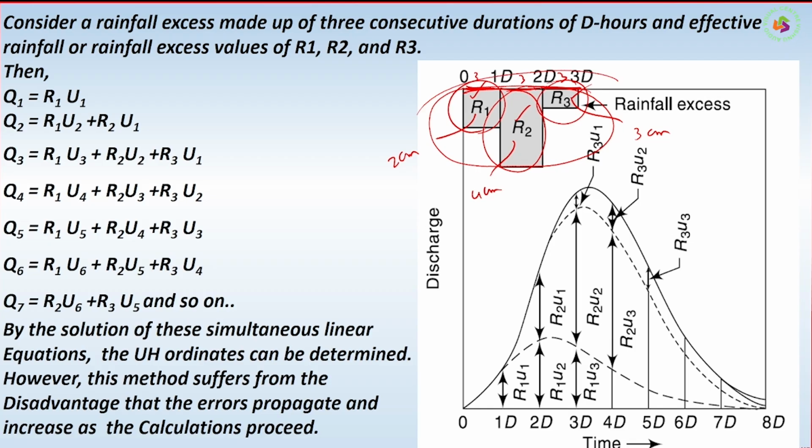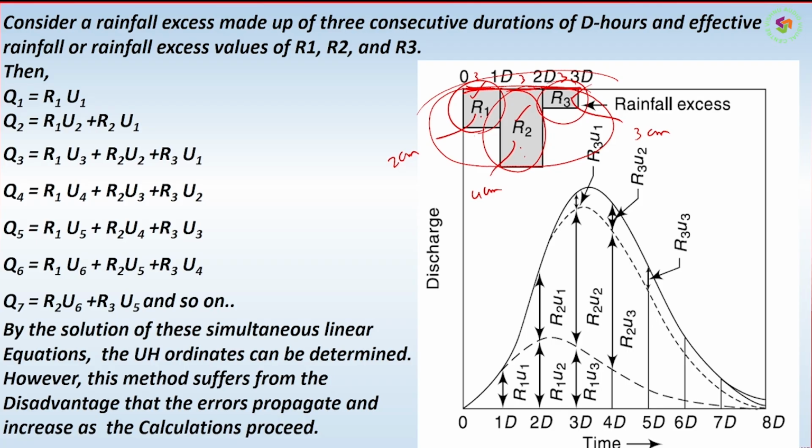Now I have divided it into 3 storms. The complex storm is broken into 3 storms: first, second, third, right? Now due to each storm, what is the direct runoff hydrograph?